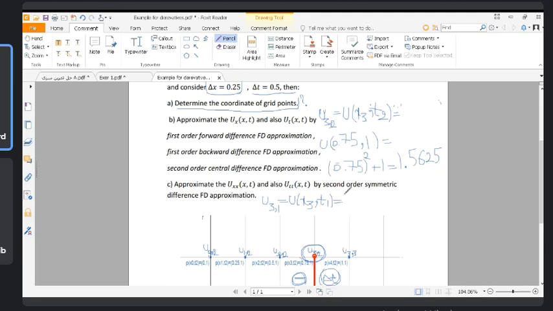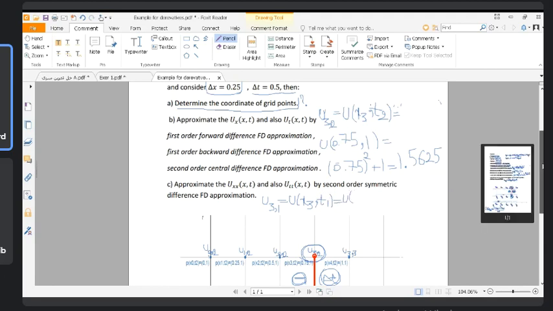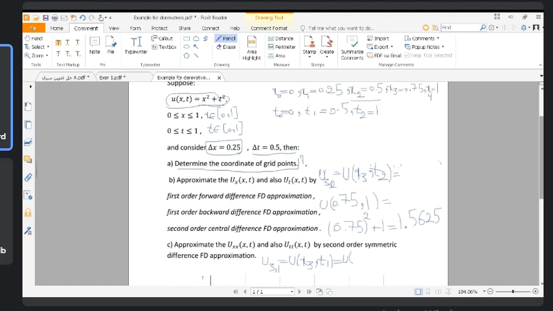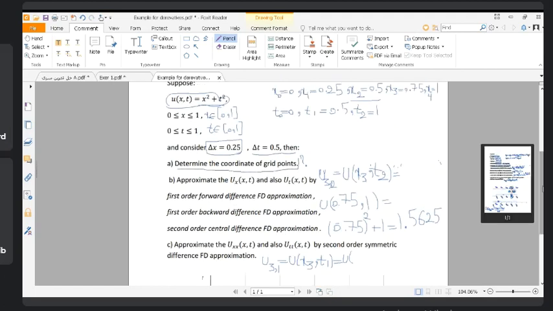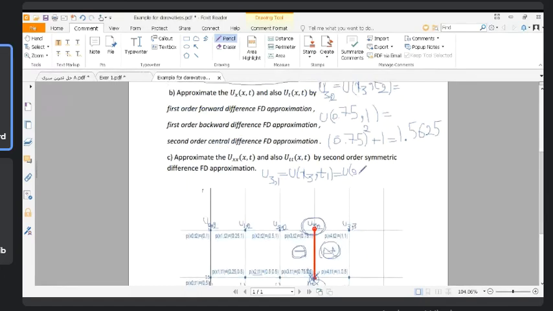What about x3? x3 is 0.25, and t1 is 0.5, and we should compute 0.75 power 2 plus 0.5 power 2.